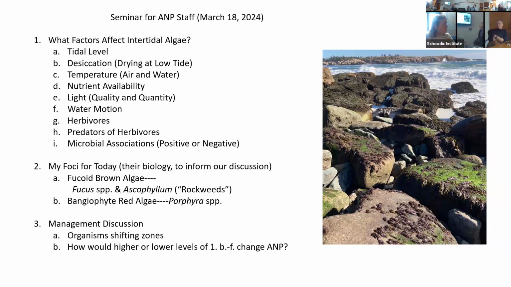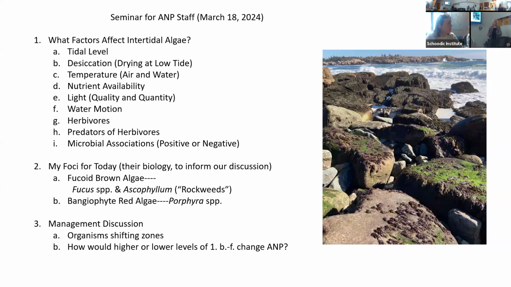And those are all physical factors, obviously, but then herbivores, predators of herbivores, and positive or negative microbial associations are also important things affecting the intertidal algae. And so my focus for today is on two groups of organisms that I've worked a lot on.